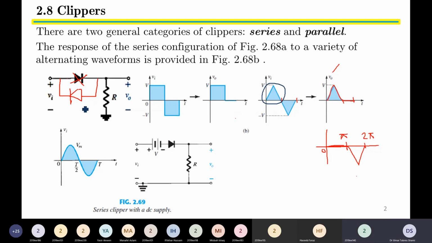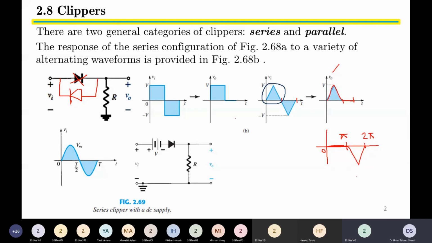Okay, sir. But the clipping level from 0, or in case of a diode 0.7 for silicon or 0.3 for germanium. Yes, that is understood, that when the diode is forward biased, we will have a voltage drop of 0.7. But as we have discussed in an earlier lecture, if the input voltage is very large compared to 0.7, then we can use the ideal model of the diode.